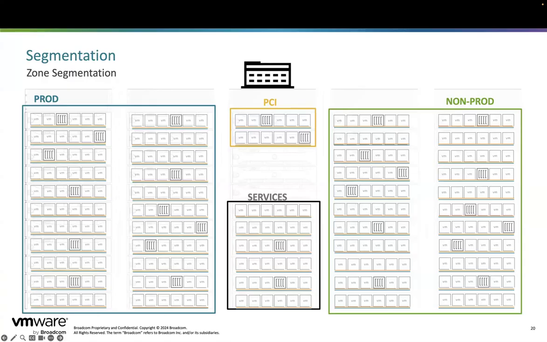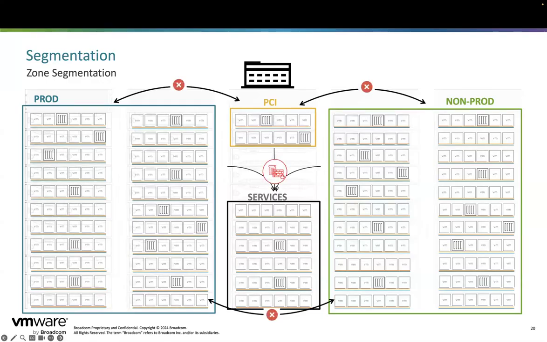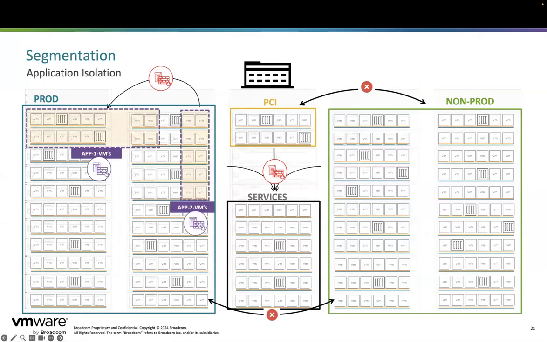And so here we're looking at a similar example. And then within those zones, we can leverage Vdefend to create smaller blast radiuses within that zone. So app one has a set of VMs, app two has a set of VMs, but they're both within that prod zone.